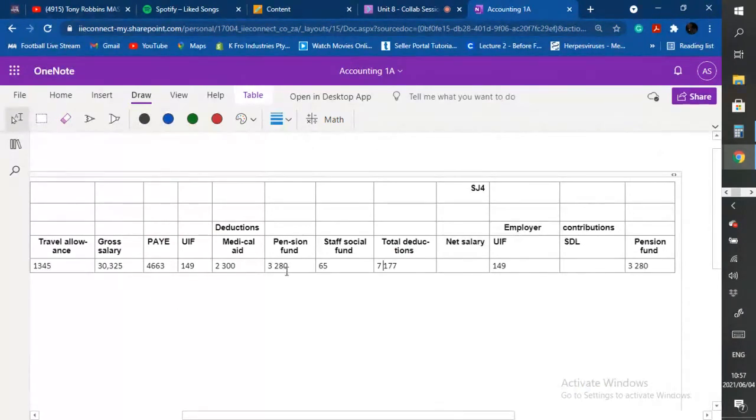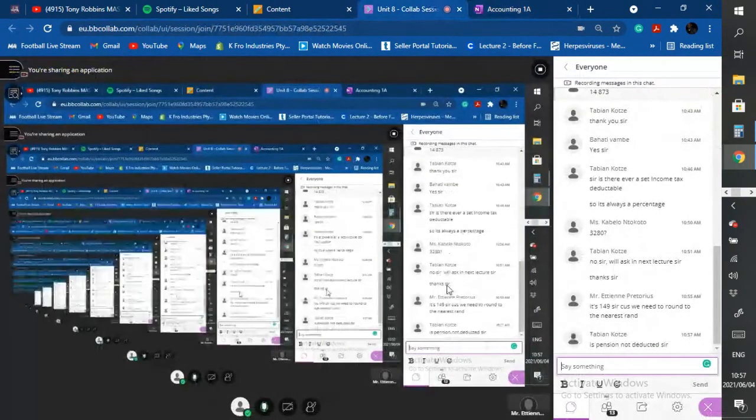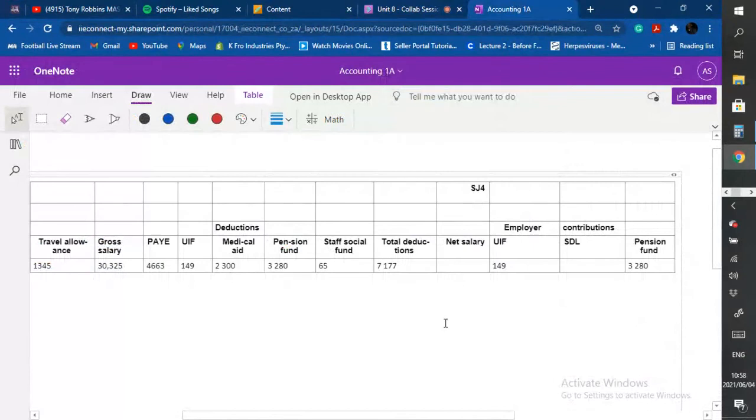I think I may have actually forgotten something. I think I may have forgotten this pension fund. I don't know if that's what is being highlighted here. Yes, 100%. Pension is also deducted. So sorry about that, I just forgot that as well.